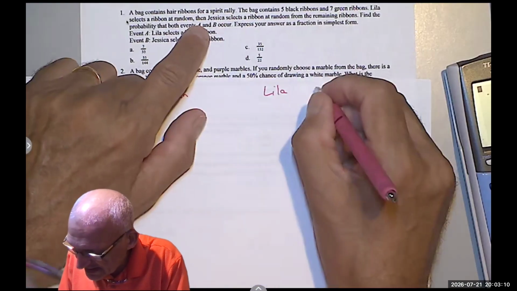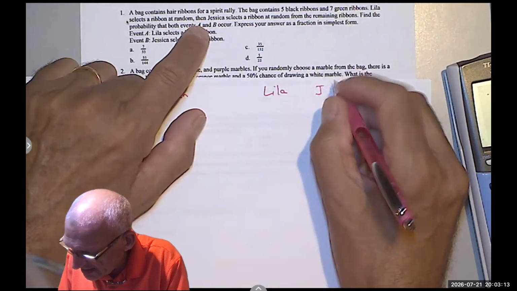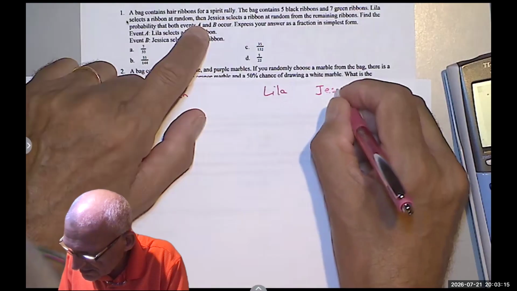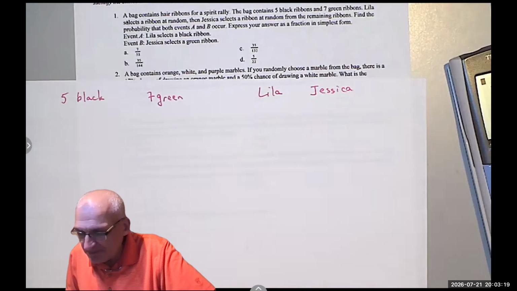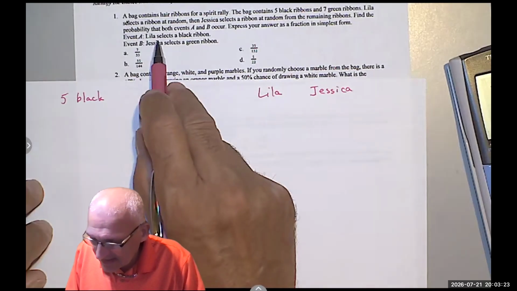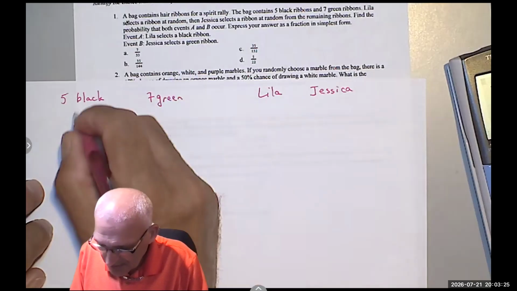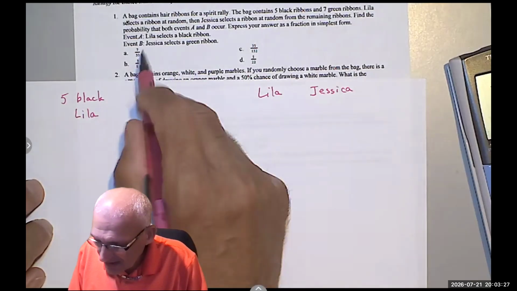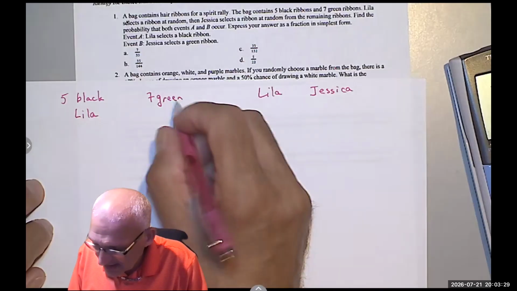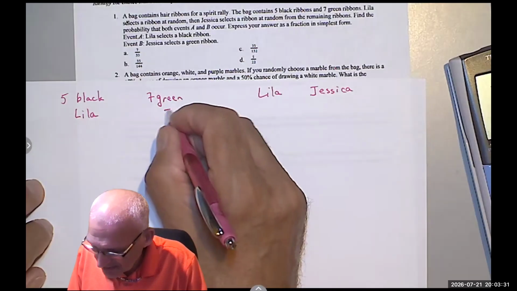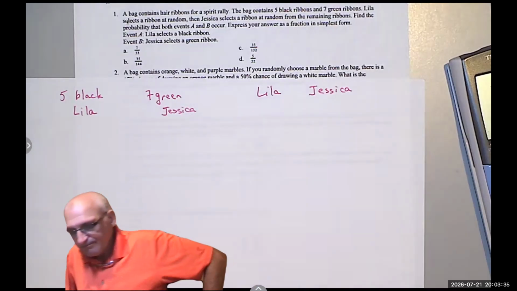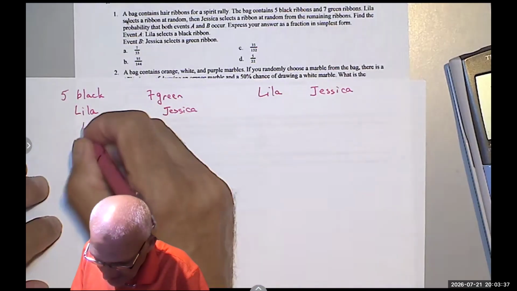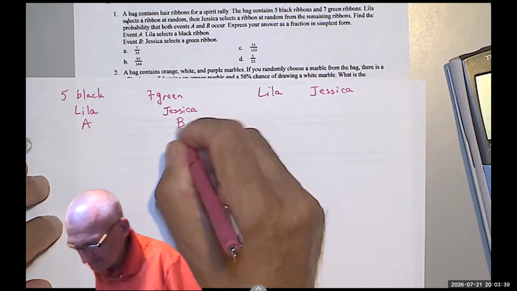Then Jessica selects a ribbon at random from the remaining ribbons. Find the probability that both events A and B occur. Event A: Lila selects a black ribbon, and event B: Jessica selects a green ribbon. So that's event A, that's event B.